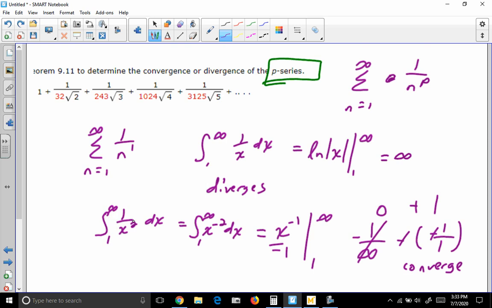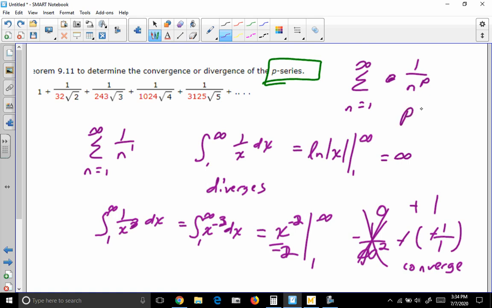If this is a 3, then we would have x to the 1 greater power over that power, so we would have an x squared on bottom. If we have an x squared on bottom and we're going to infinity, that still goes to 0. As long as when we go towards infinity, that goes to 0, and that's a constant, then we converge.